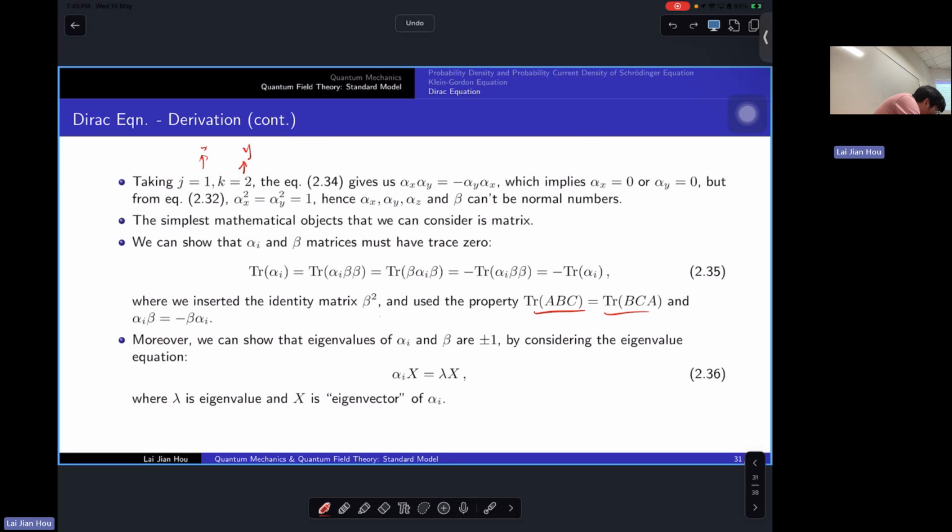Okay. ABC, we arrange two times A, B. And using the properties of beta alpha i beta equal to negative beta alpha i, we arrive at the i angle.